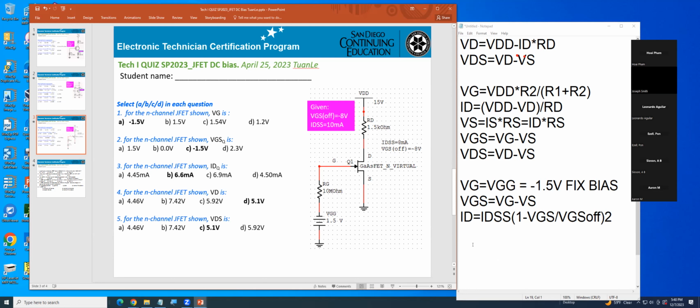We'll see. Okay, any question, anything? If not, then I will move on to the JFET amplifier. So I need to stop share here.